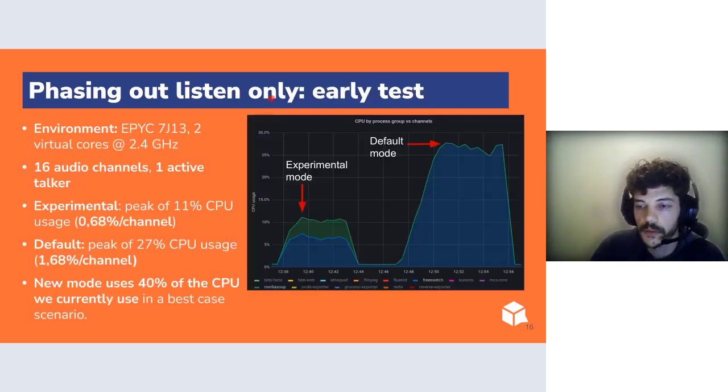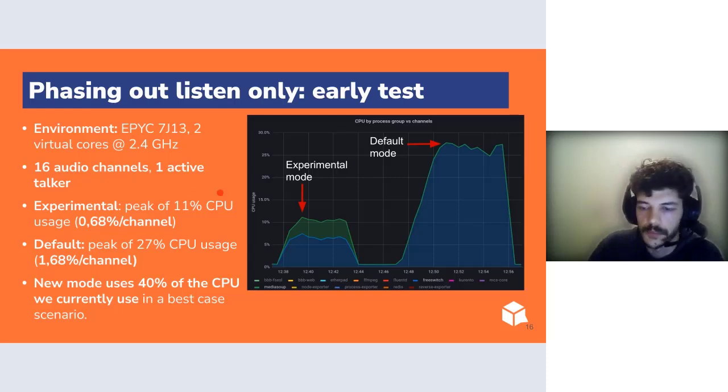This is an early stress test of the prototype we implemented at the summit, again with the same Epic server. This is 16 audio channels with 1 active talker, which is the scenario we are dealing with here.